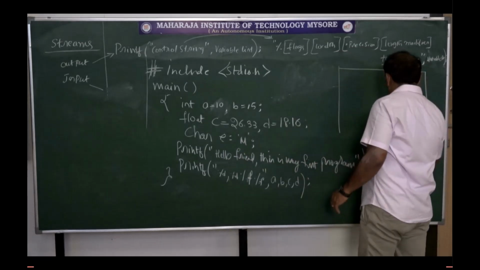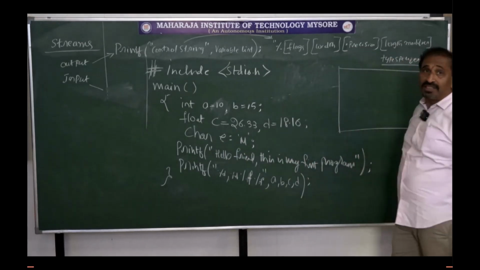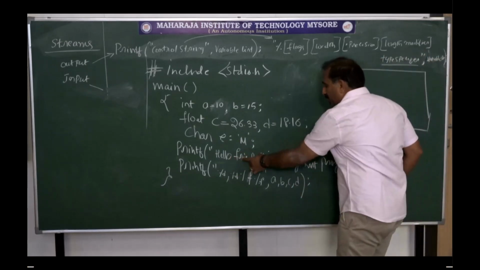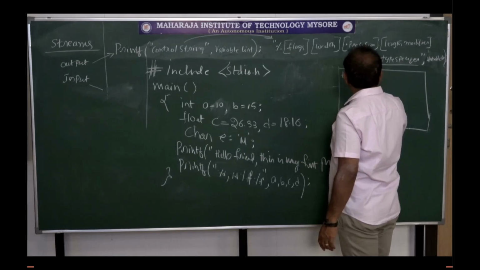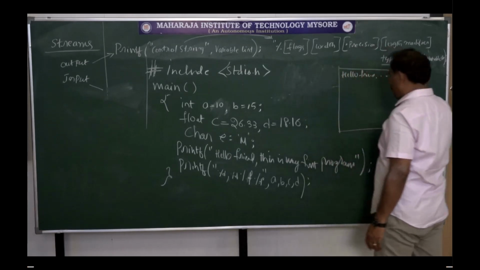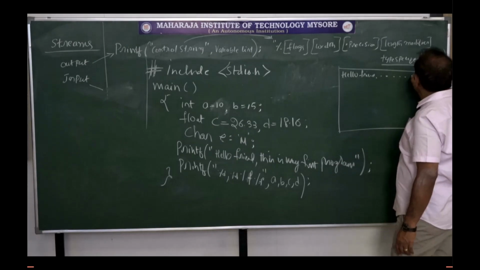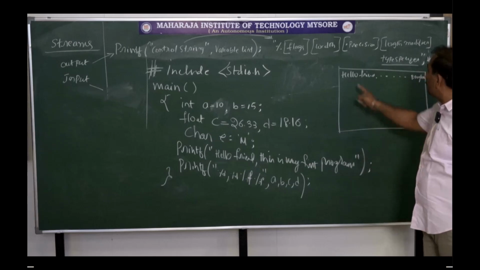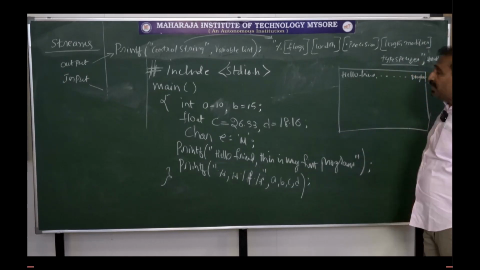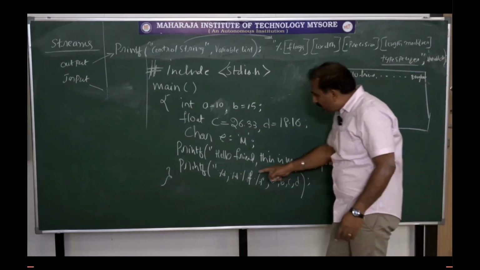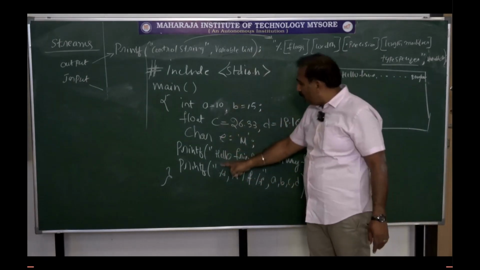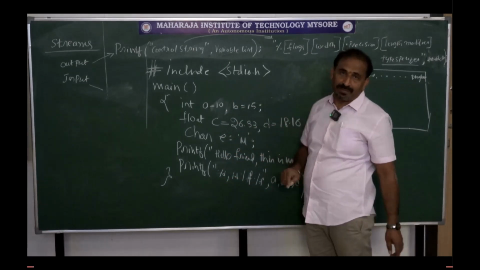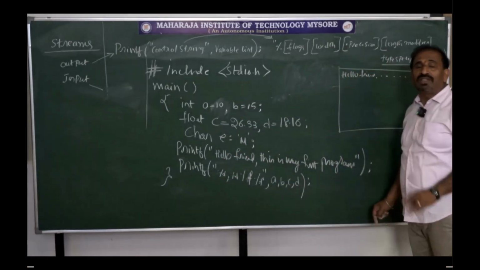If you take your monitor, first it prints this hello friend, hello friend, this program. Next, it prints these 4 variables as per the format you have mentioned. Now, you have to understand one thing very clearly.